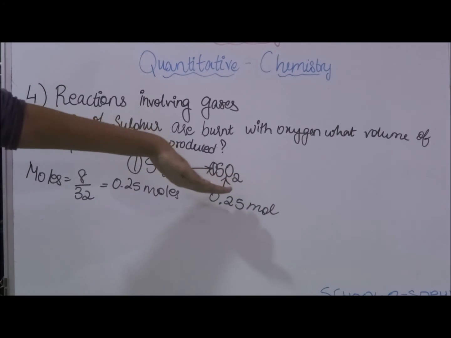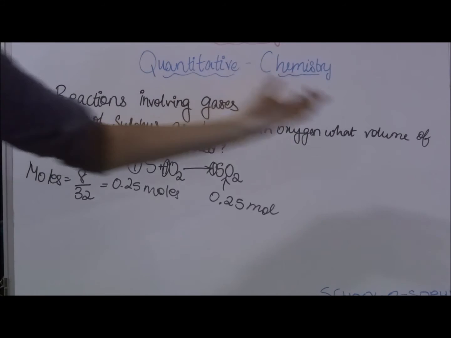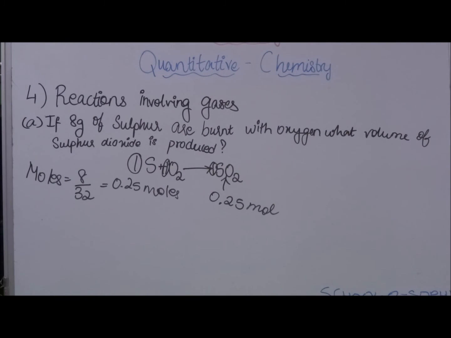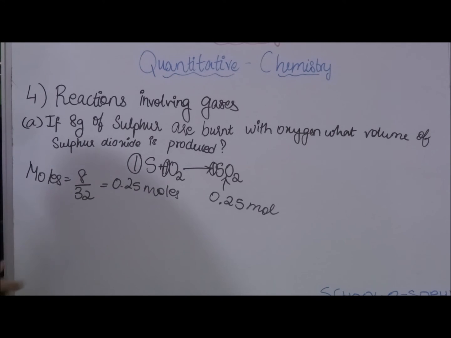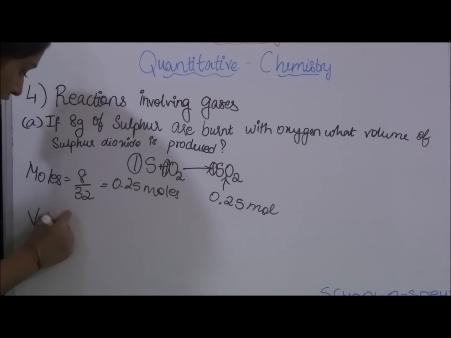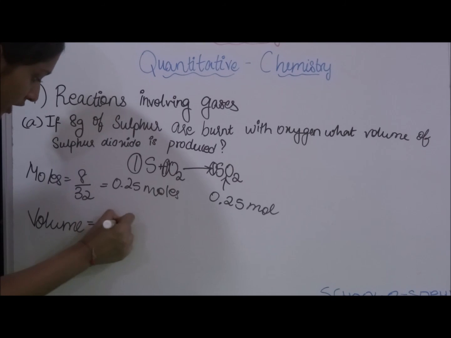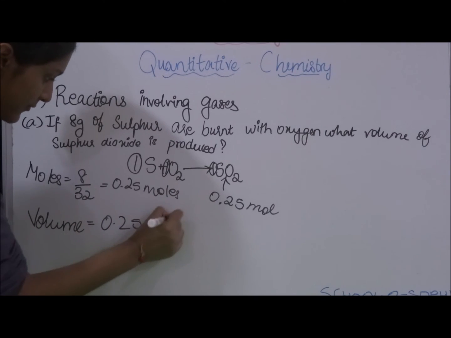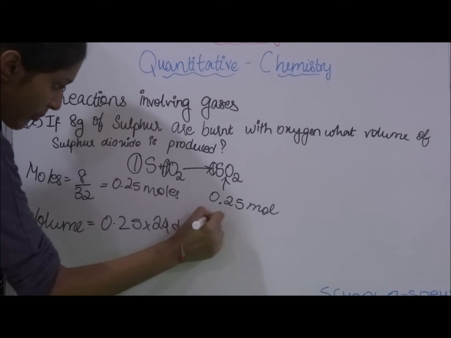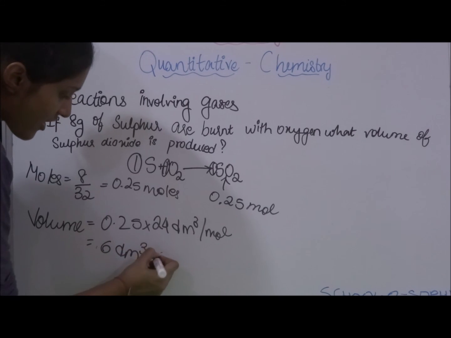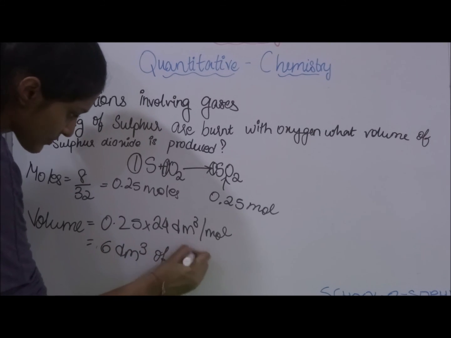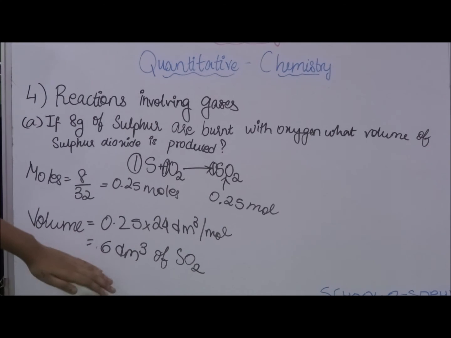Now because sulfur dioxide is a gas, to find out the volume of the sulfur dioxide gas produced, we multiply the number of moles by the molar volume, that is 24 dm cube. So the volume produced will be equal to 0.25 into 24 dm cube per mole, which is 6 dm cube of SO2 produced.